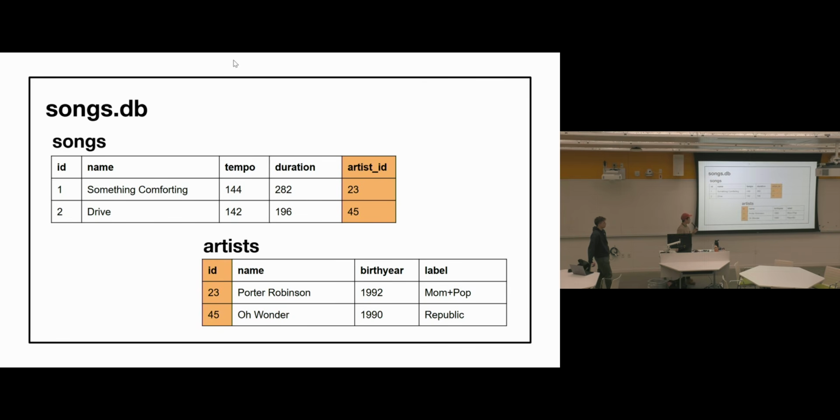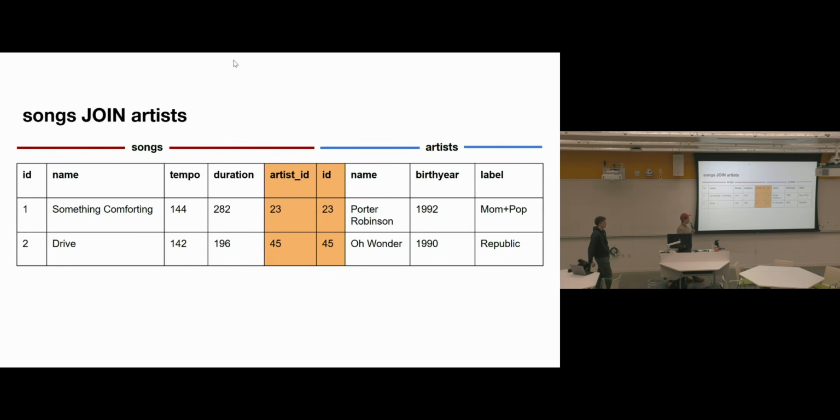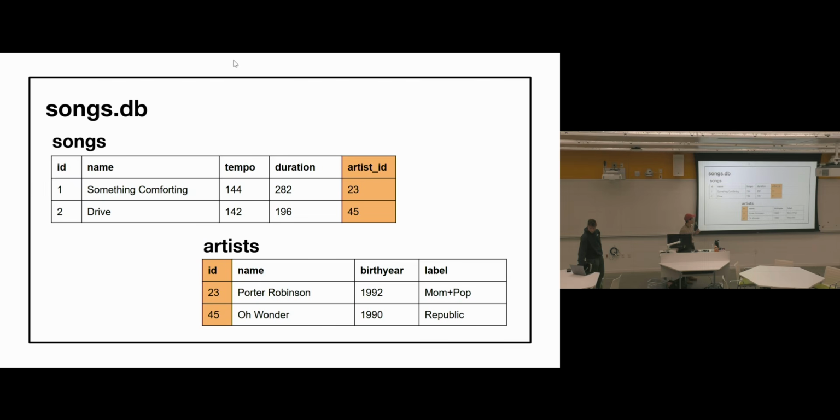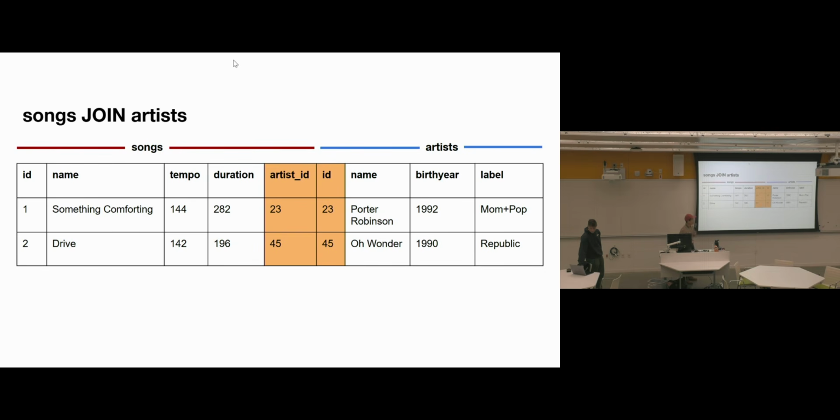So again, we have the same example of songs. If we were to join them together by the artist ID column, you'll get this really long elongated table where there exist, in this case, two columns that share the same information now, but they are the linking point of your entire database. I'm just going to go back and forth between these two. Is there any question on how we went from two mini tables to one large table in the same database?